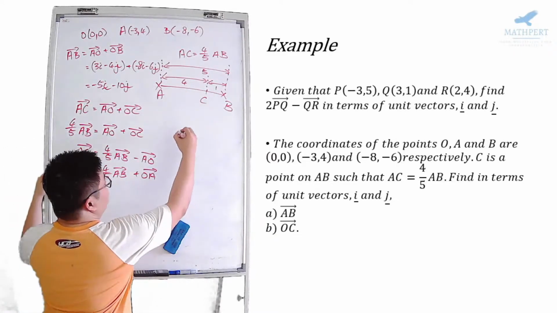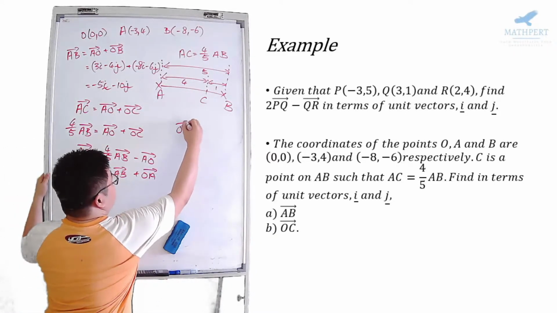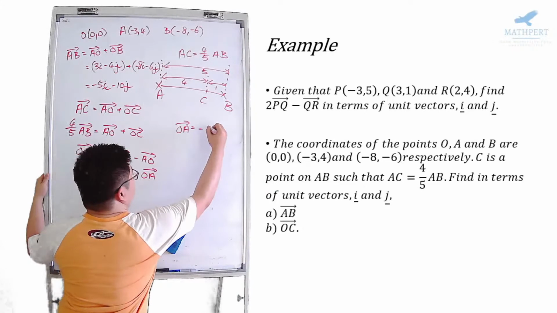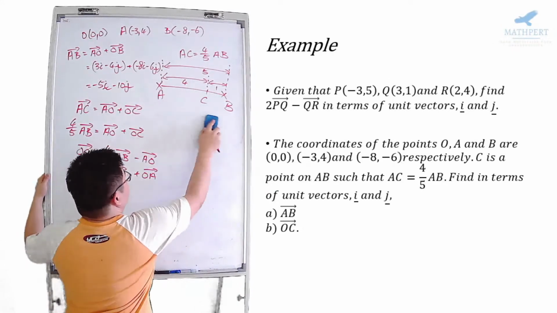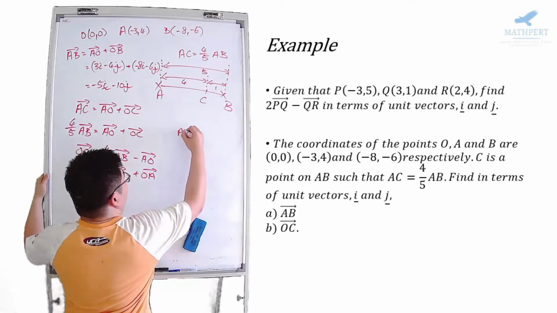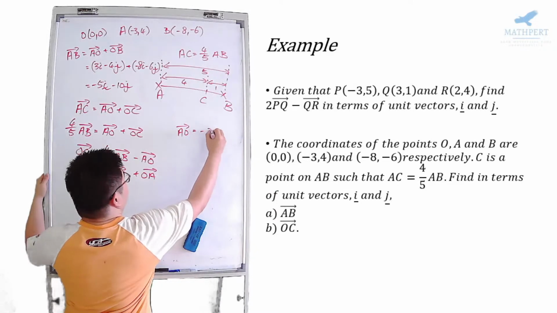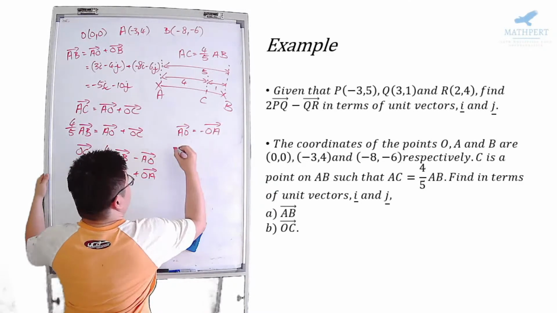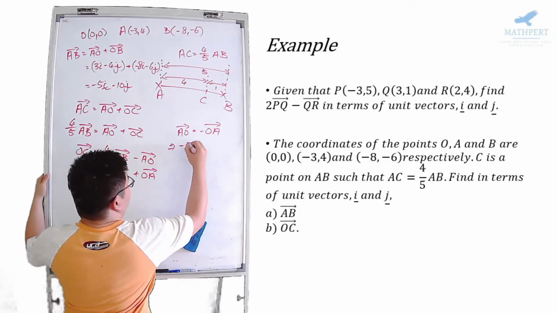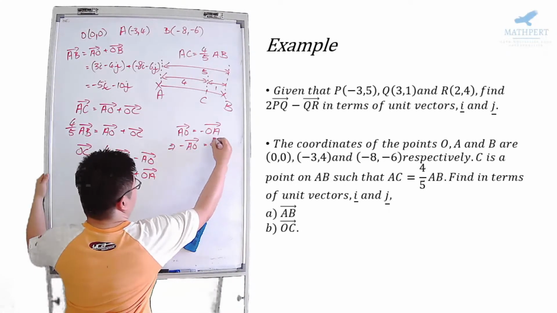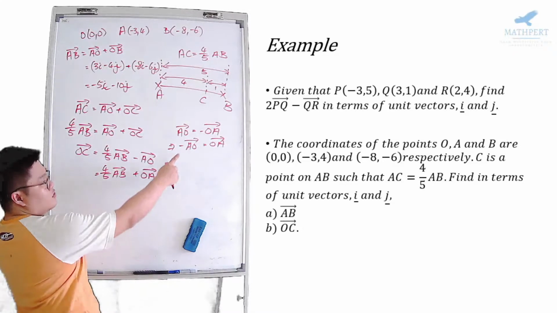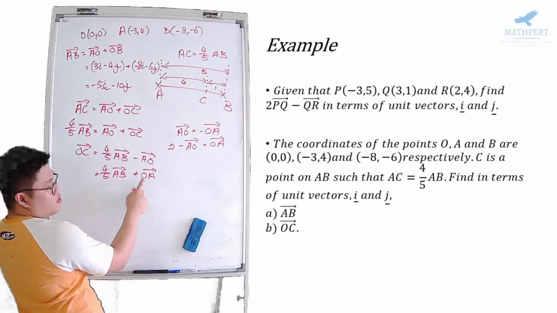We know that AO is equal to minus OA. Therefore, negative AO is equal to OA, so negative AO is equal to plus OA.